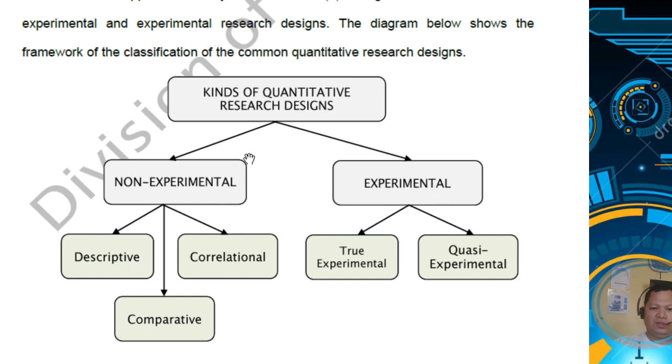Non-experimental is more practical for us because we are beginners. The experimental takes a lot of time before you can finish your study. We will still discuss what we mean by experimental.